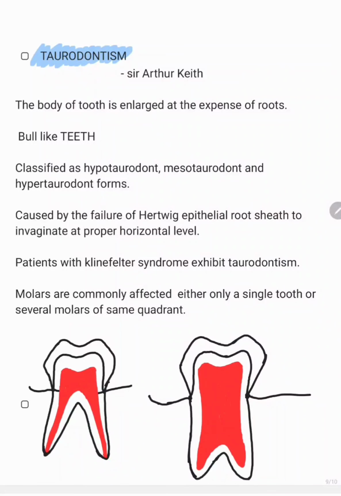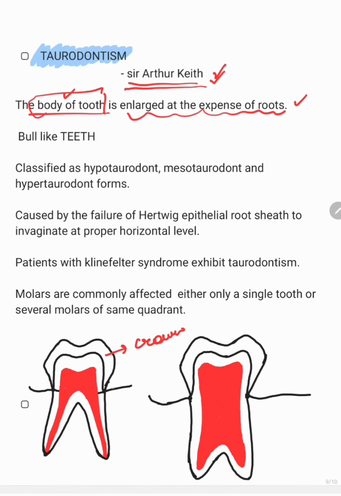Now the next topic is taurodontism, which was given by Sir Arthur Keith, right. So in taurodontism, what happens? The body of the tooth is basically enlarged at the expense of roots. Normally the tooth has a crown, root portion, and furcation area near the CEJ, right.